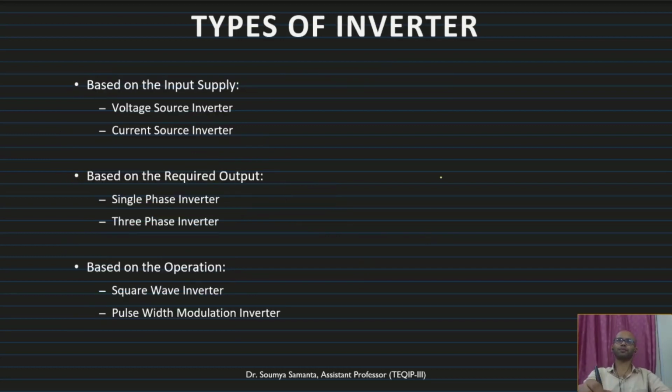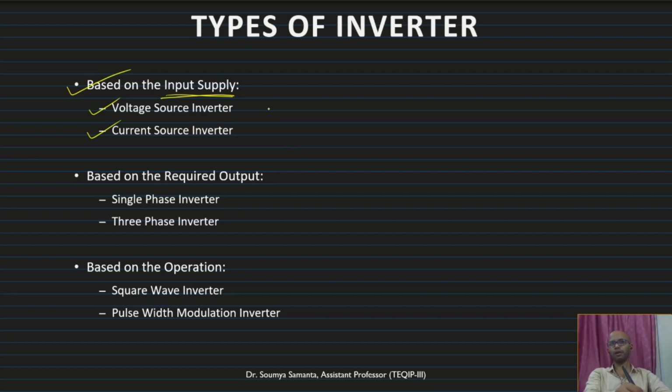So now let us understand the types of inverters. How many types of inverters do we use? Based on the input supply we give to the inverter, we divide them into two types: voltage source inverter and current source inverter.